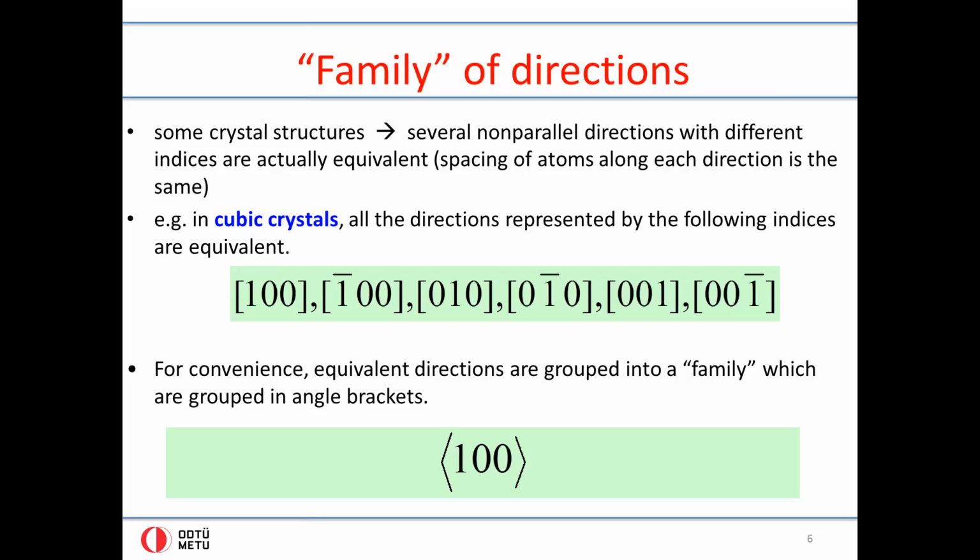So examples of these in cubic crystals, like the one that we just saw where A, B, and C are all equal to each other, you identify the different directions and you label all of them, or you group all of them into a so-called family.